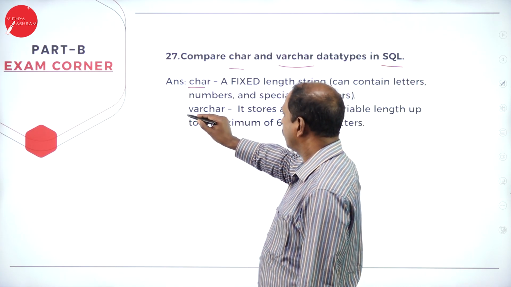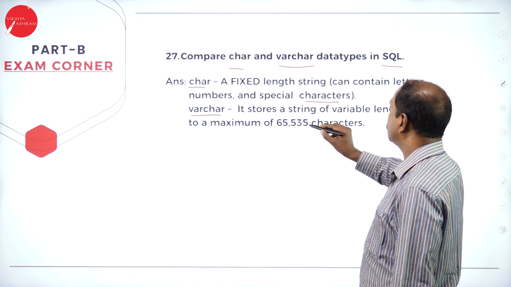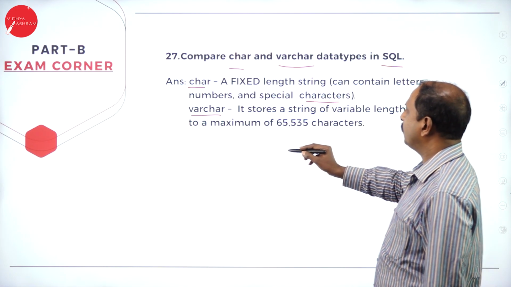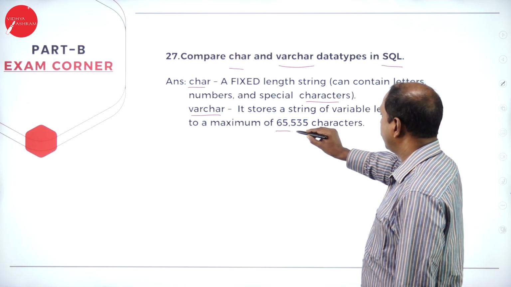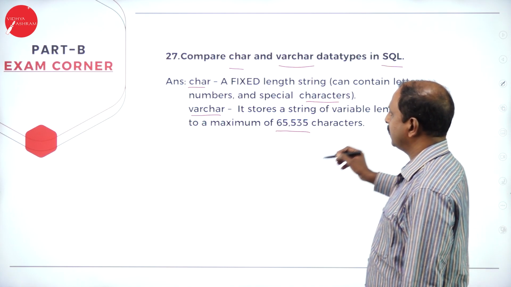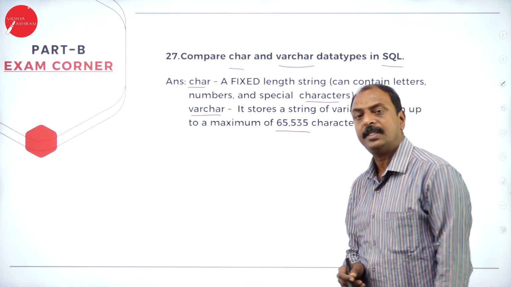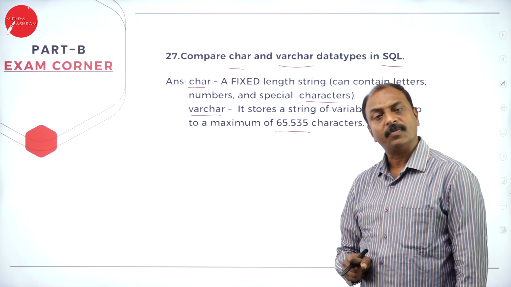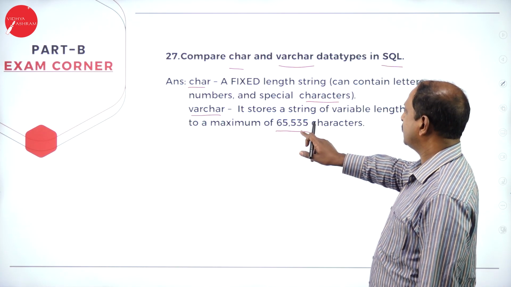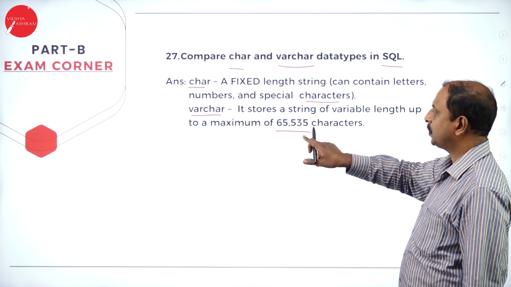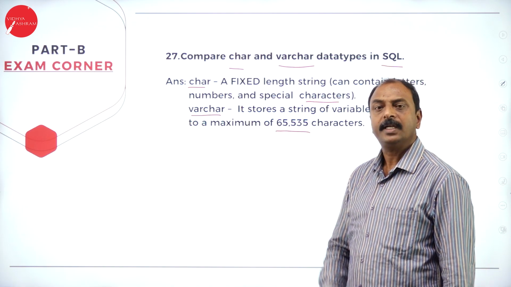Now varchar stores a string of variable length up to a maximum of 65,535 characters. Under char, we can store a limited number of characters, and this is the maximum number of characters that can be stored under the varchar data type.